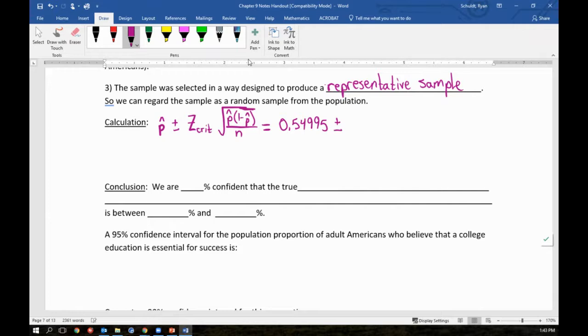I'm doing a 95% confidence interval. So what should my critical value be? 1.96, that's right. 1.96 times the square root of p hat times 1 minus p hat, all divided by 1,031.